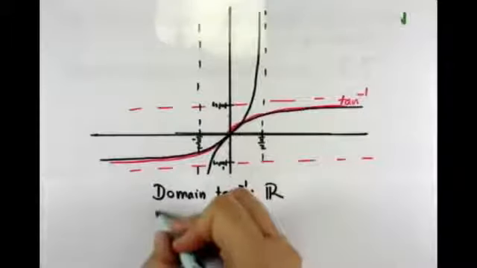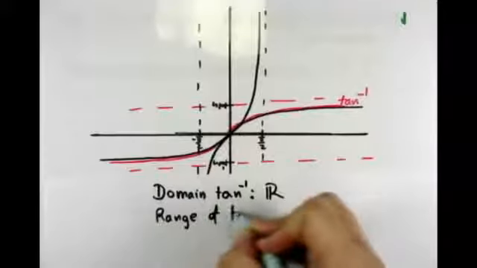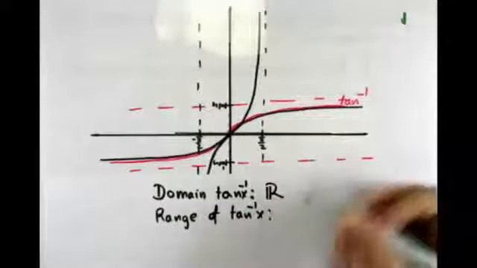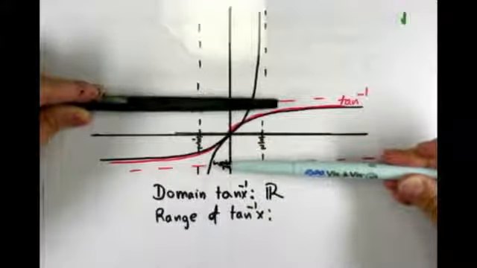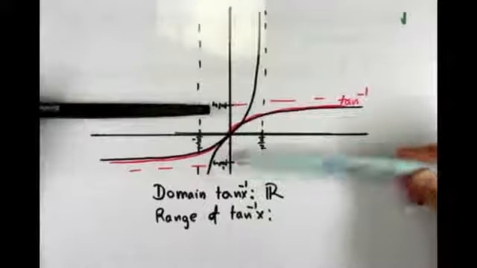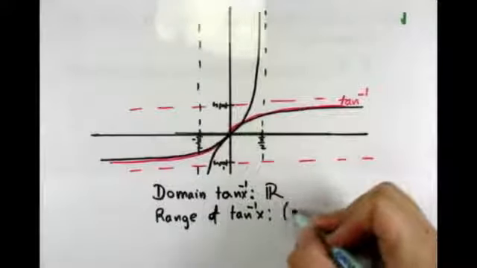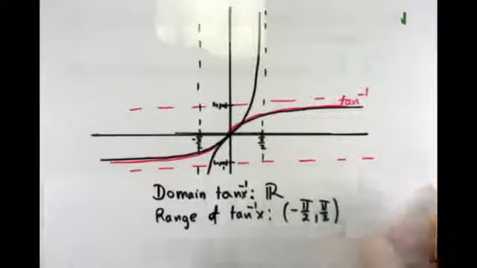And range of tangent inverse x is the window on the y-axis, so the range is right here. So this one is -pi/2 to pi/2.